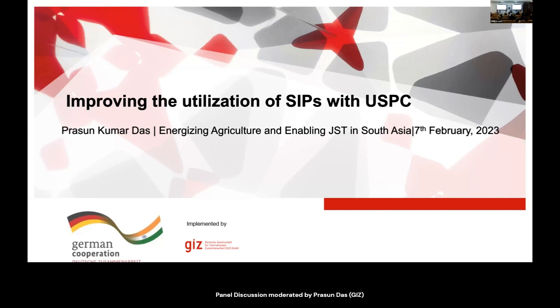For agriculture equipment also, some people are getting subsidies. So that is another way of convergence: you are taking subsidy from PM KUSUM for the pump, and if you are also taking subsidy for the equipment, then if you converge these different schemes, that will increase the uptake and utilizability of the pumps. That's all the points. Next slide, please.